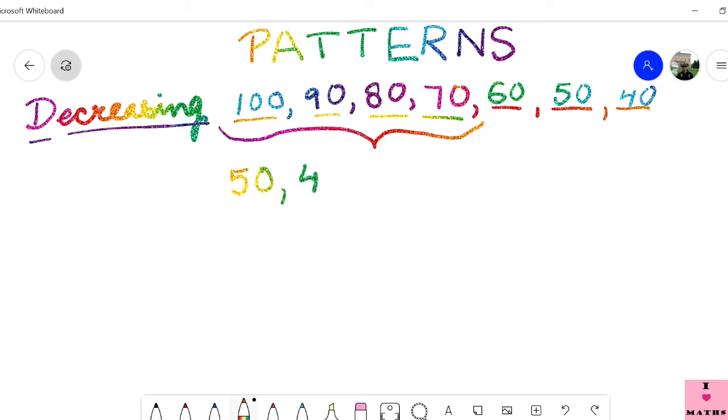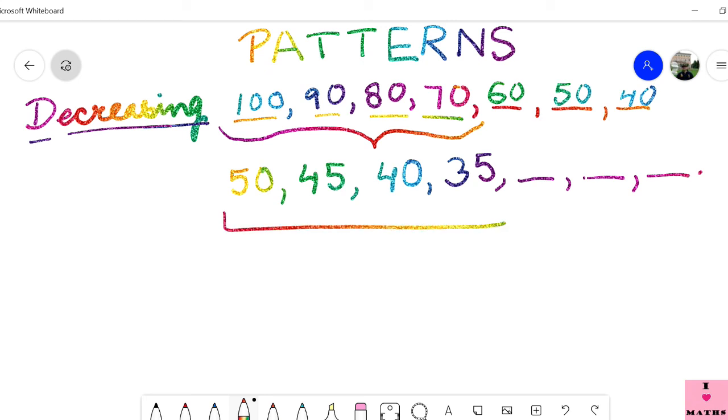50, 45, 40, 35. Okay, now when you see these four numbers which have been given to you, you will see that 5 is being subtracted.